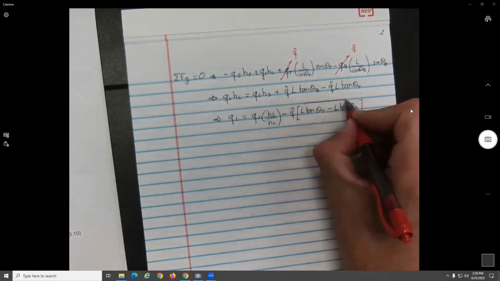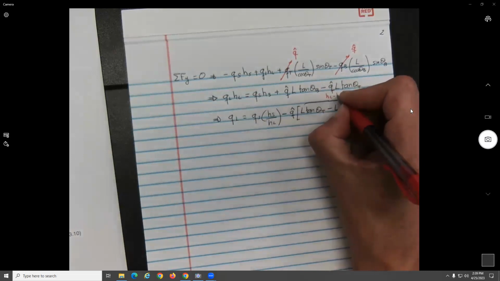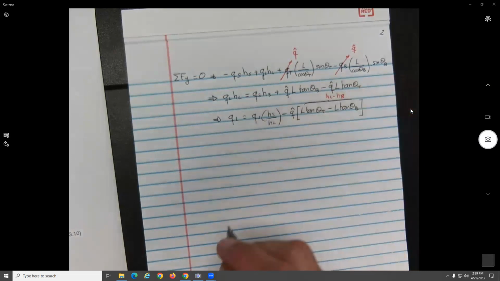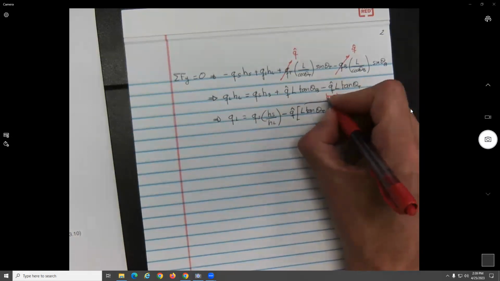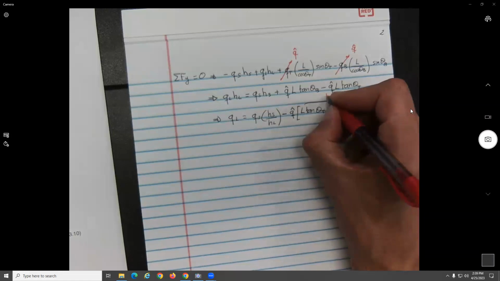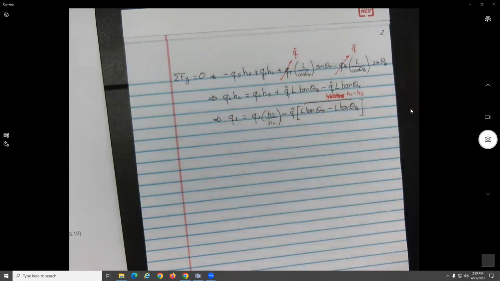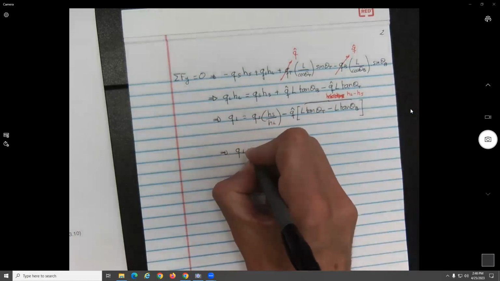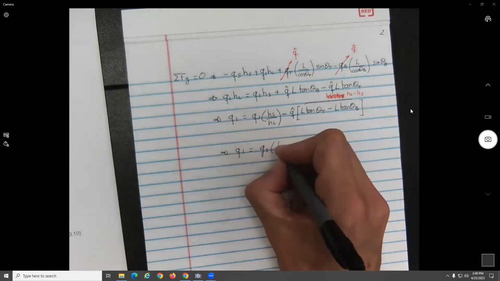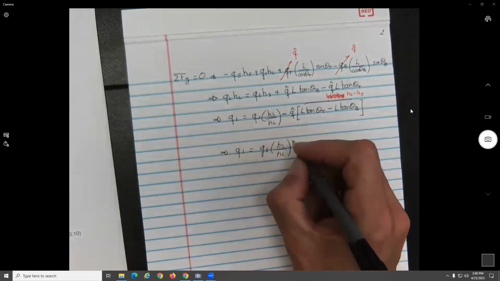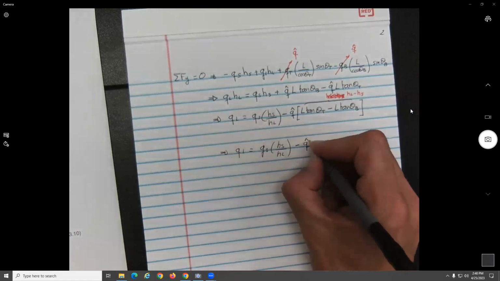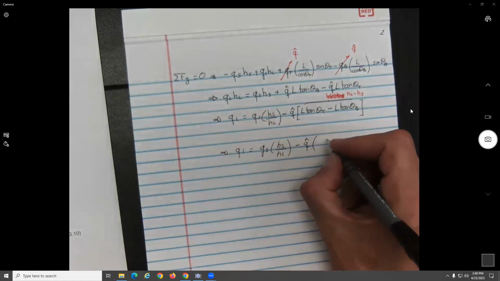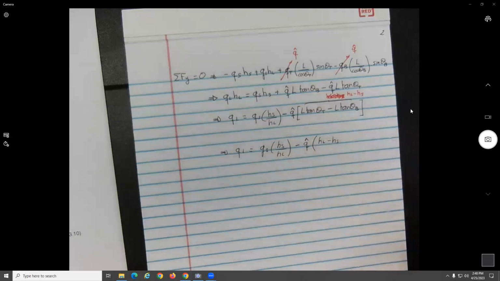This value over here is H long minus H short. So to make it short, this will simplify to Q sub L equal to Q sub S H sub S over H sub L minus Q hat, H L minus H sub S. Oops, I forgot here something.